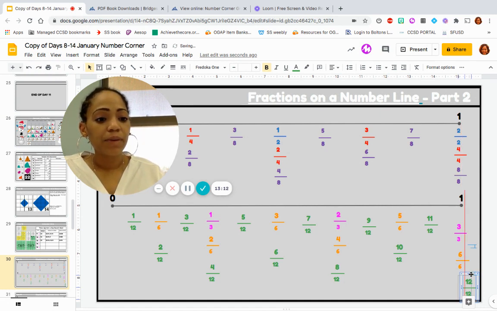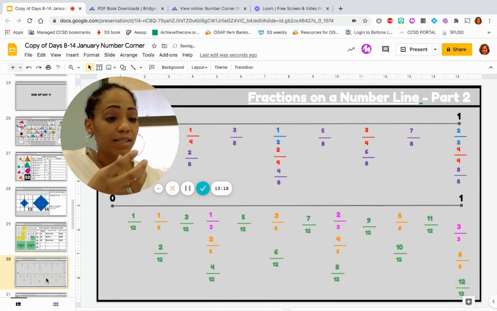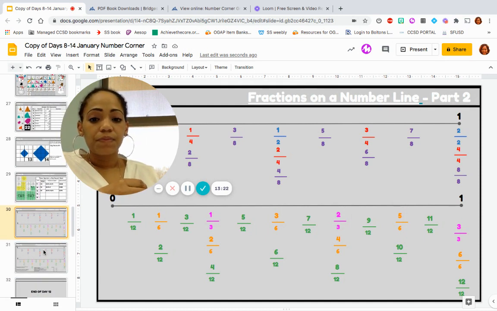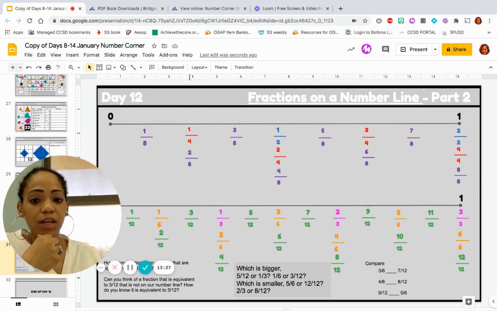Okay, so now that we have our number line here, let's think through some equivalencies or some comparison questions. And here might be a better representation of the equivalence with 12s and 4s on this number line.